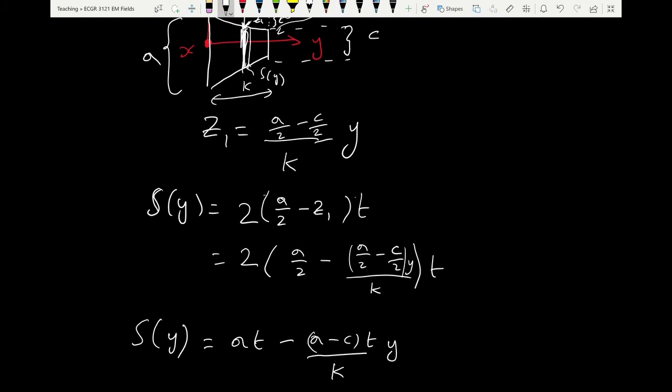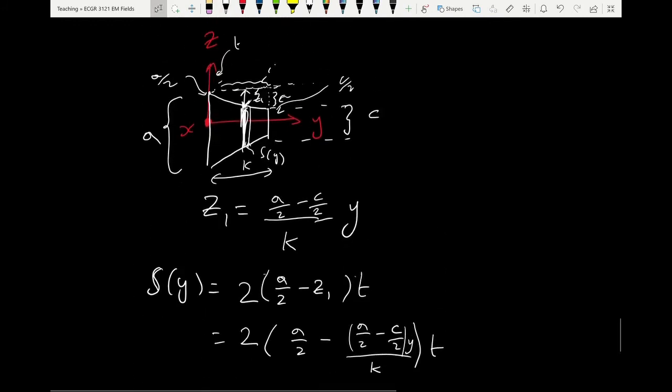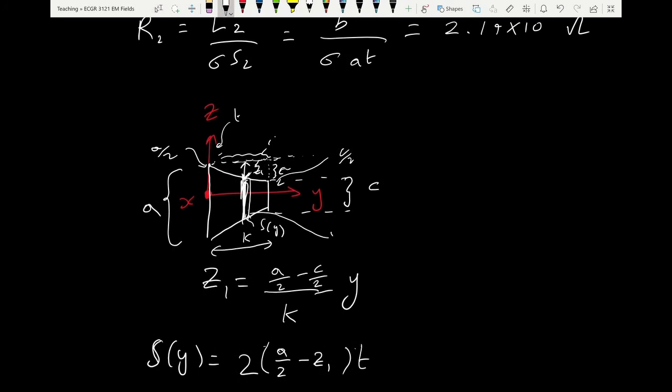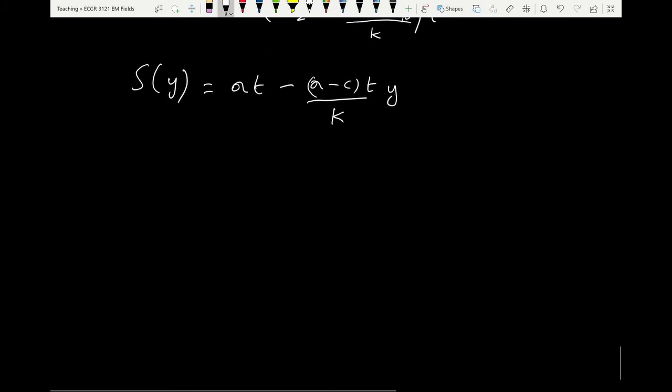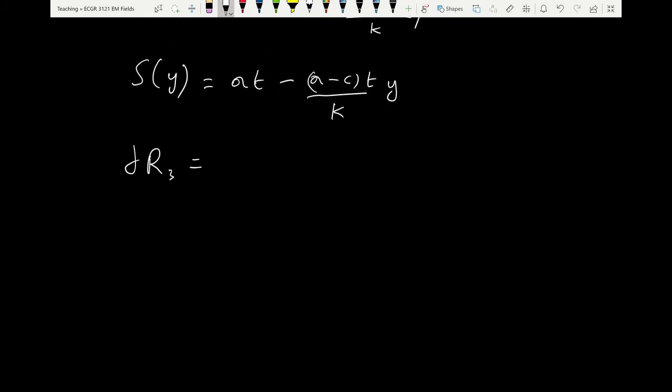Okay. So what is the resistance of this section, dR3? For this small cross-section, I can calculate the resistance, right? I can apply L over sigma S, right? The distance is what? Dx. It's an infinitesimal, sorry, dy.